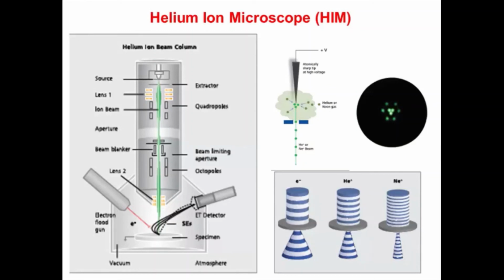Less the intensity, less will be the interacted output, so the contrast will be lost. But in the case of ions, if you thin the beam diameter, even then, since these are massive particles, they will have enough secondary yield so that the contrast can be retained. So that is the advantage.